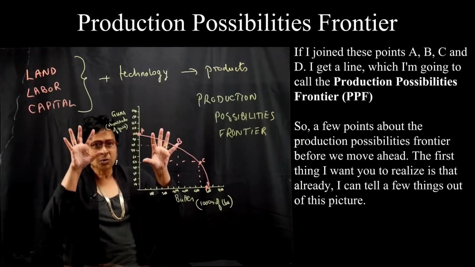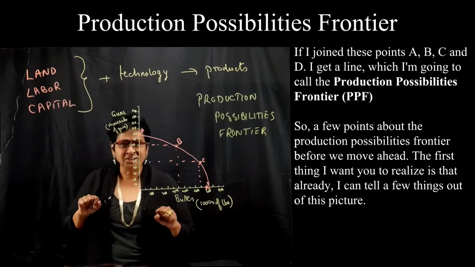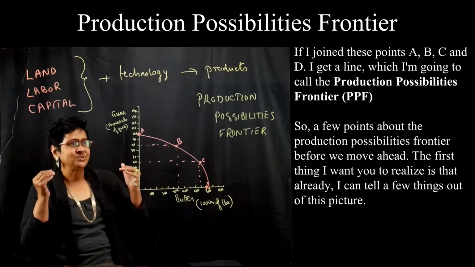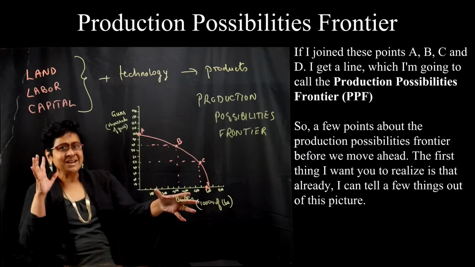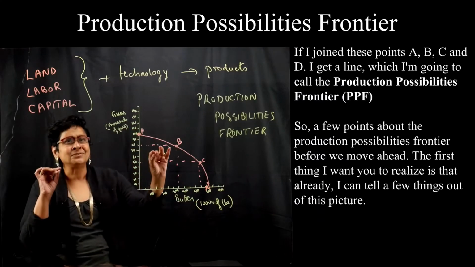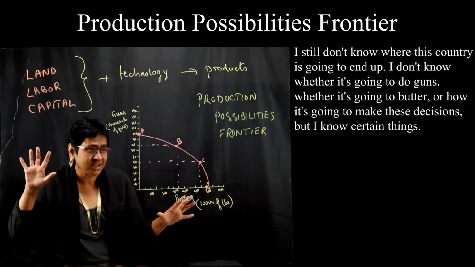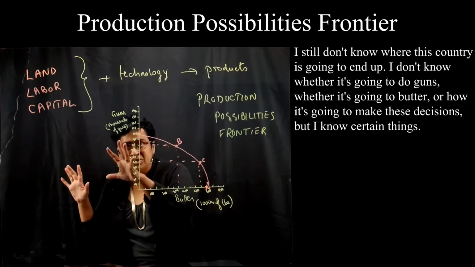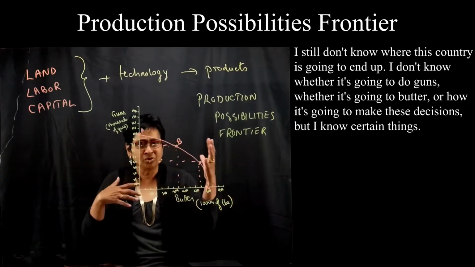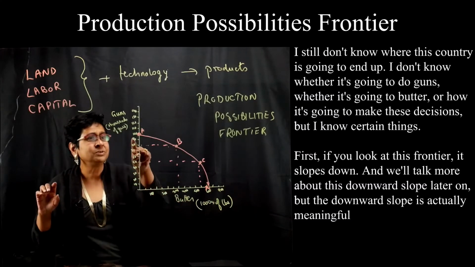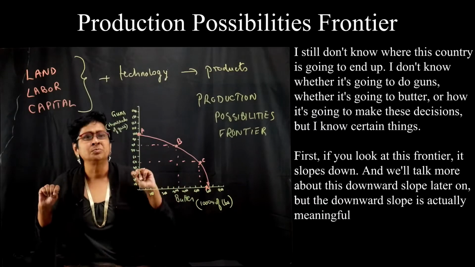So a few points about the production possibilities frontier before we move ahead. The first thing I want you to realize is that already I can tell a few things out of this picture. I still don't know where this country is going to end up. I don't know whether it's going to do guns, whether it's going to do butter, how it's going to make these decisions. But I know certain things. First, if you look at this frontier, it slopes down.